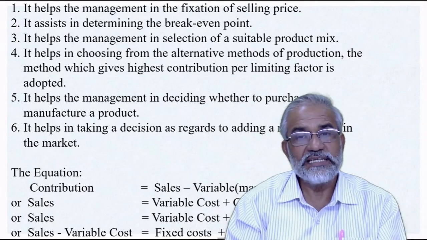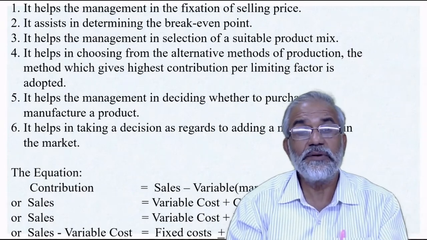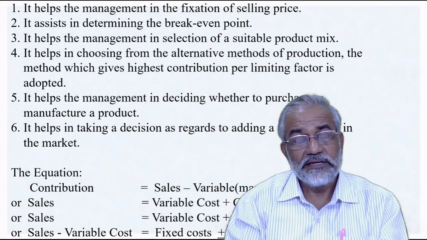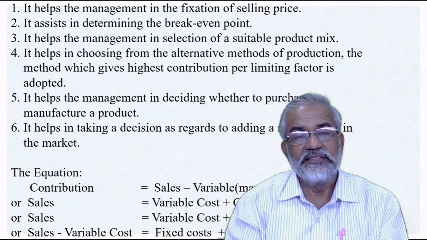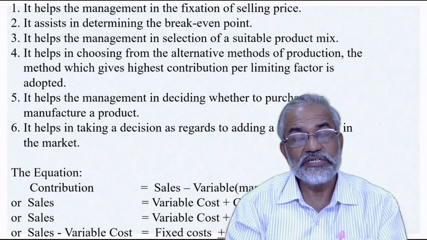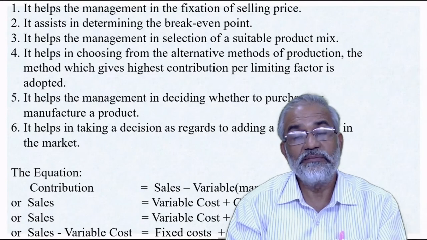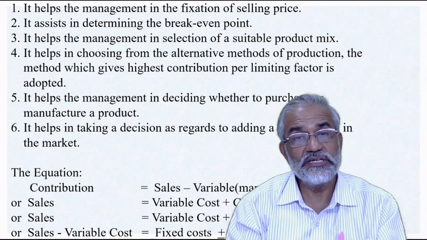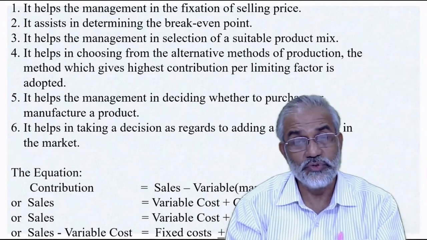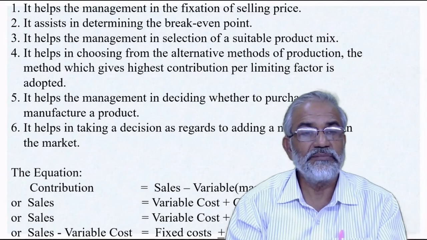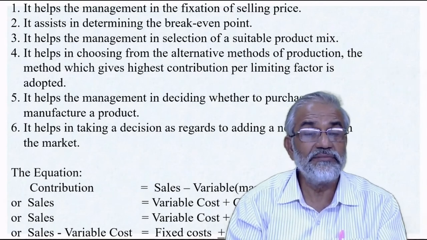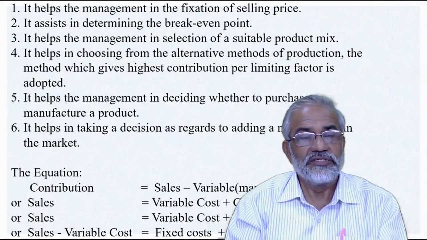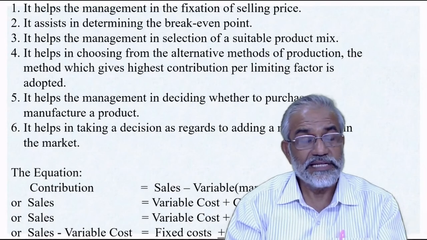When there are different choices left in the hands of the management as regards the method of production, each method has to be tried, and the method which gives the highest contribution would obviously be the profitable method for the organization, and that method has to be chosen to be continued. The other methods of production or other alternatives available need to be dropped or deferred. So that is the fourth advantage of contribution for the management.